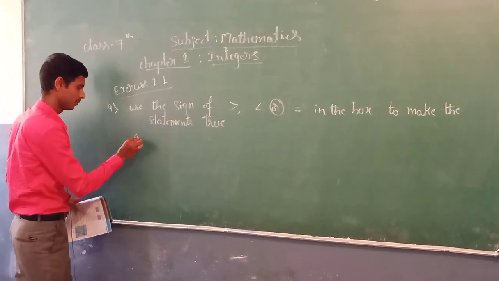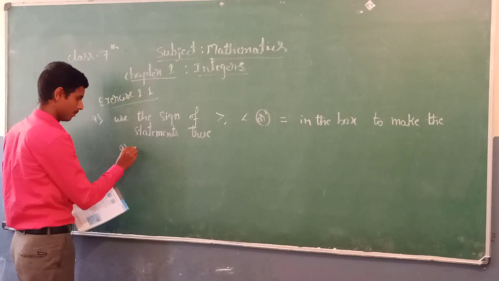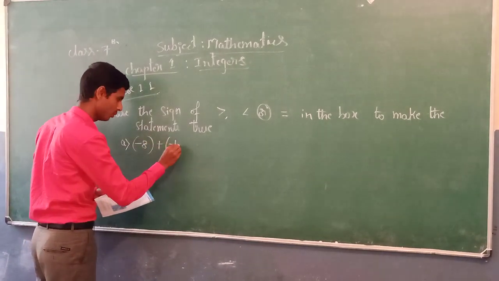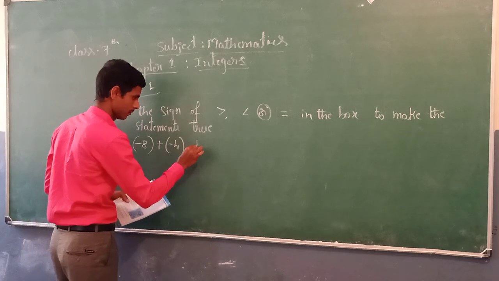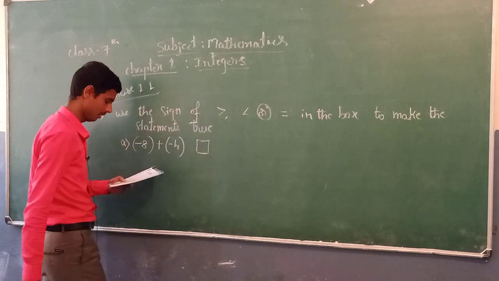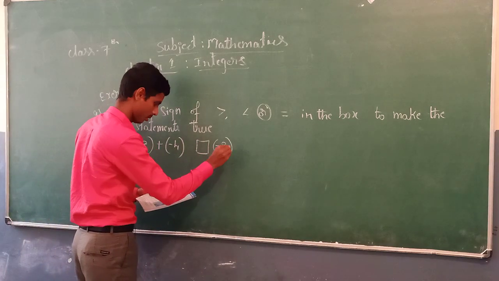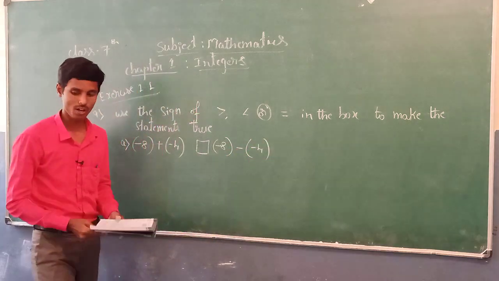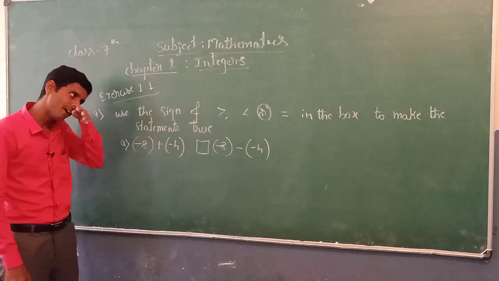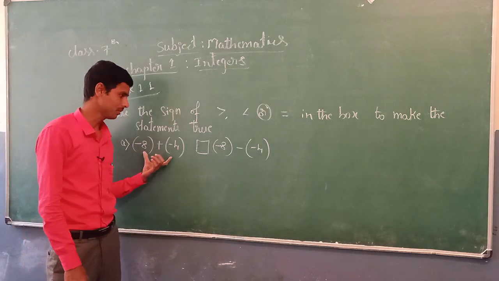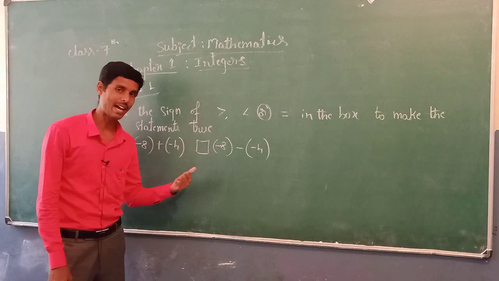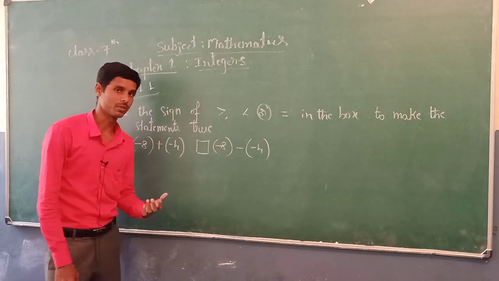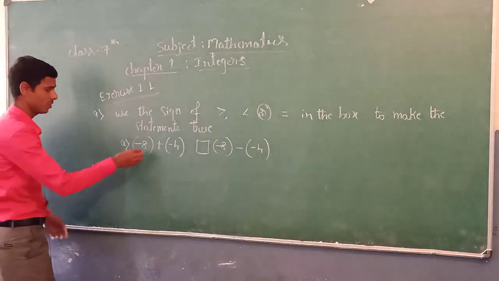So first one, minus 8 plus of minus 4, box, minus 8 minus of minus 4. First we have to check this part, whether it is greater than, less than, or equal to this one. So let us verify this one.